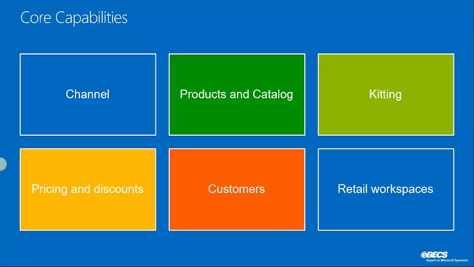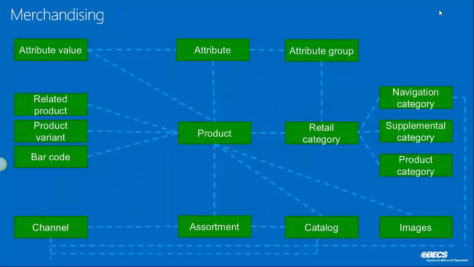After you create your retail channel, you can start creating your products and different designations for those products, whether that's t-shirts or pants, and you want to segregate your products into certain categories. Then maybe you have different products that are sold in different seasons, so you want to create a catalog for that. So you've got a spring catalog, a fall catalog, etc.